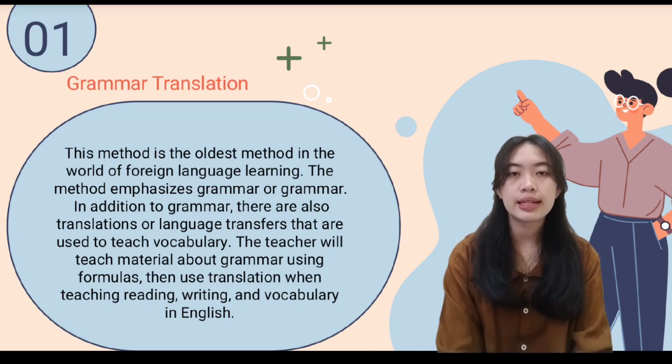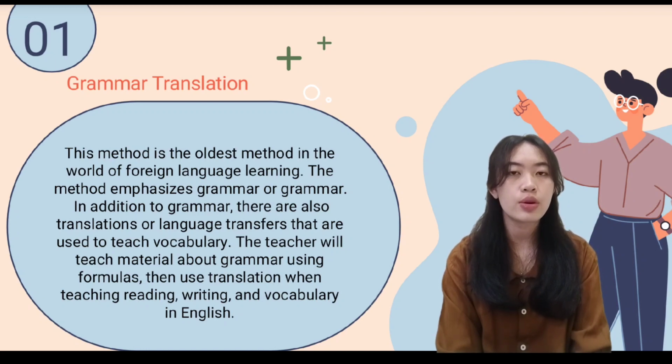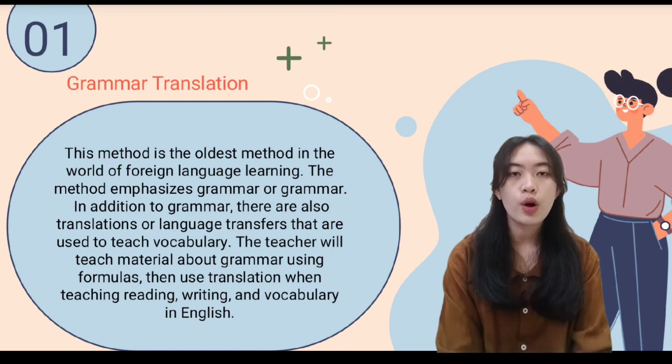Grammar translation implicitly assumes that conscious control of grammar is necessary for mastery. In other words, learning needs to precede acquisition. This assumption necessitates that all target structure be introduced and explained.